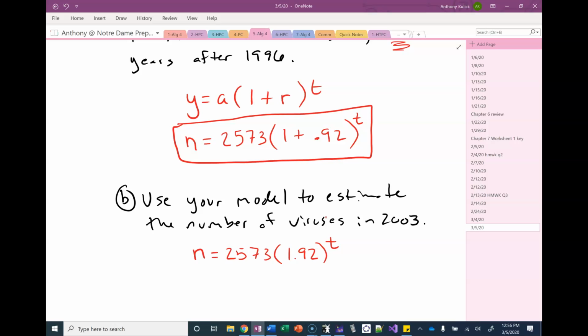Read the part B again. We want the number of viruses, which is n, right? So to solve for n, we need to plug in a value for t. Everybody's okay with that? What value of t do we need to plug in?